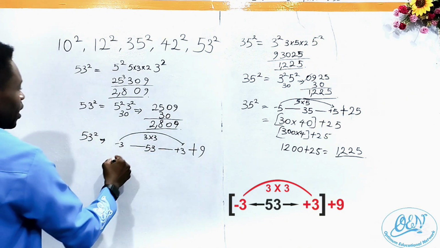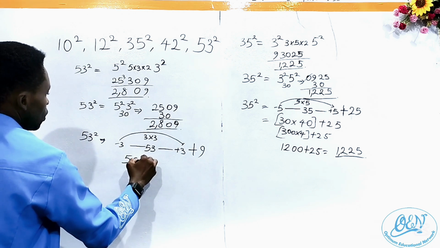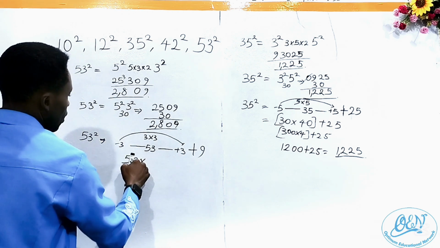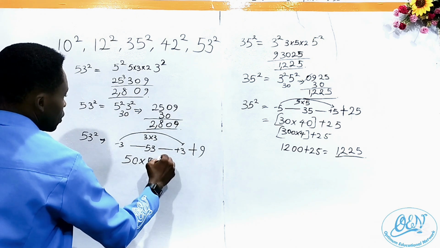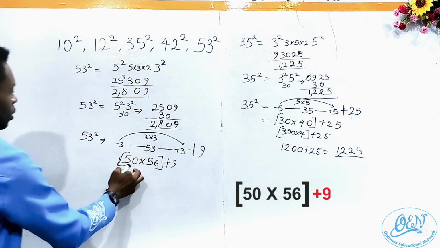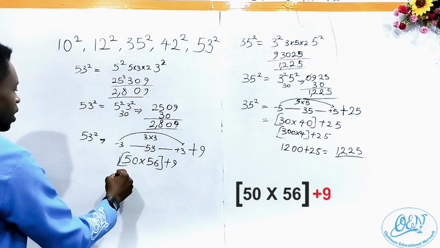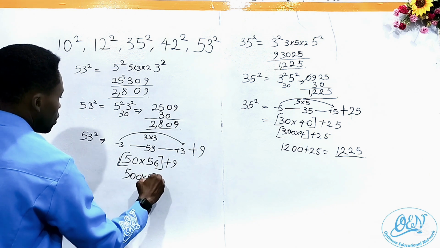Then 53 minus 3 is 50, 53 plus 3 is 56, plus 9. Now this you can just write as 500 times 5.6 plus 9.